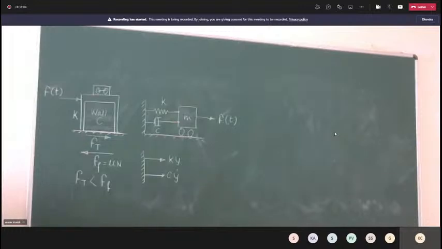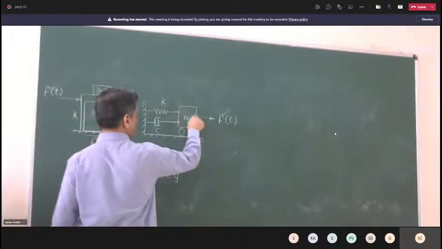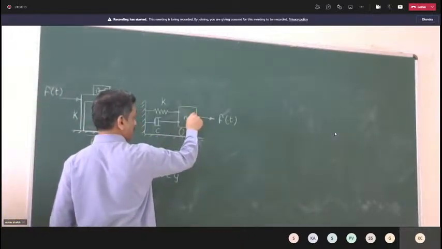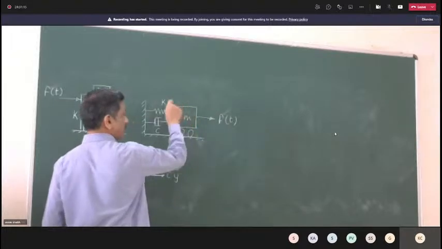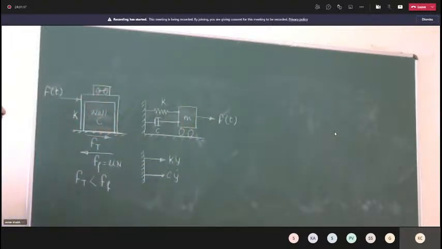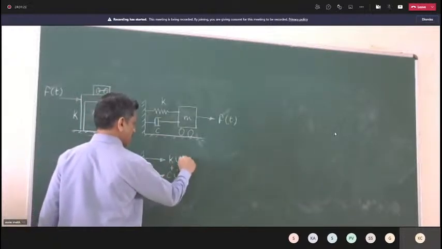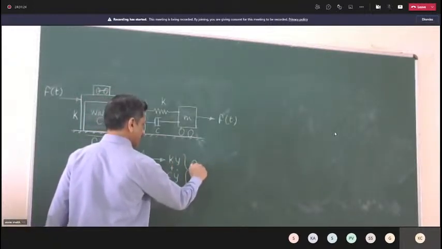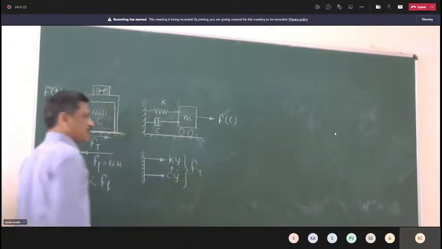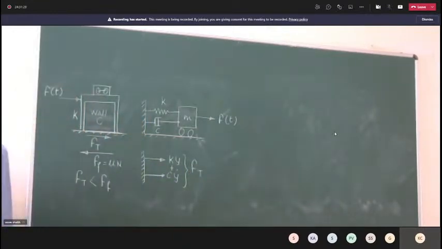These are the two forces that are directly transmitted to the foundation. External force is acting on the mass, not directly on the foundation. Inertia force is acting on the mass. So force transmitted to foundation is this plus this component. Quite easy. Agree?